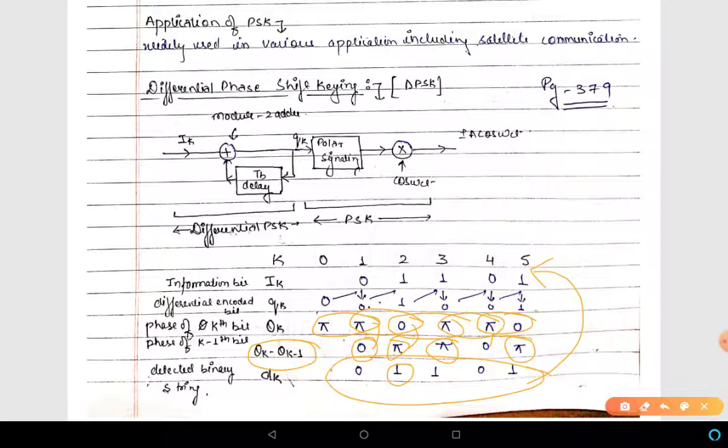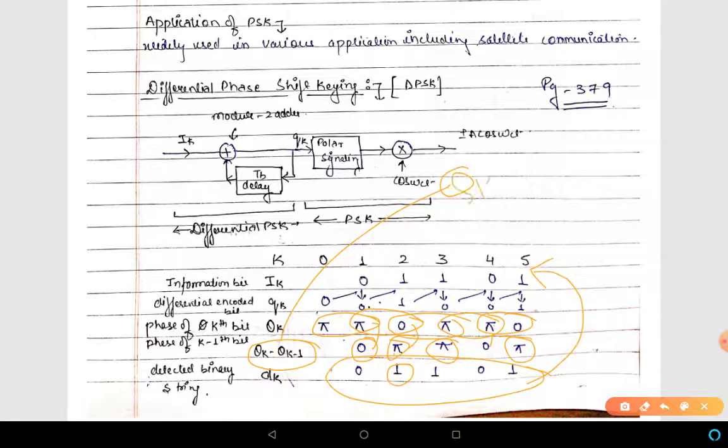Now you may ask, in what way is this non-coherent? What we are doing here is taking the difference of theta k and theta k minus 1.